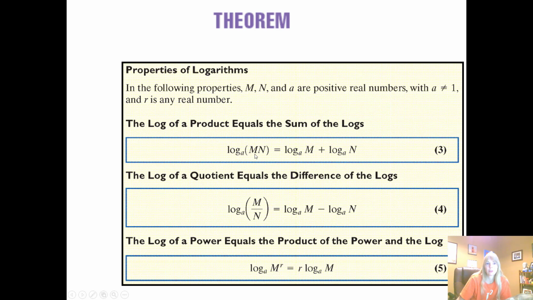Logarithms of products separate by adding, of quotients separate by subtracting. And then here is kind of what we were just showing: I can bring this power down. Now notice this doesn't cancel out, but a log of a power equals the product, so being multiplied now, of the power and the log.